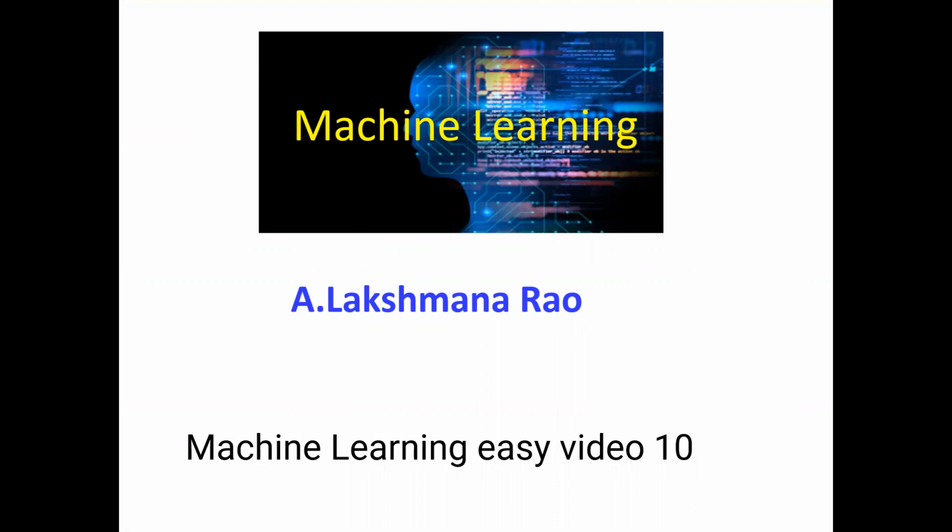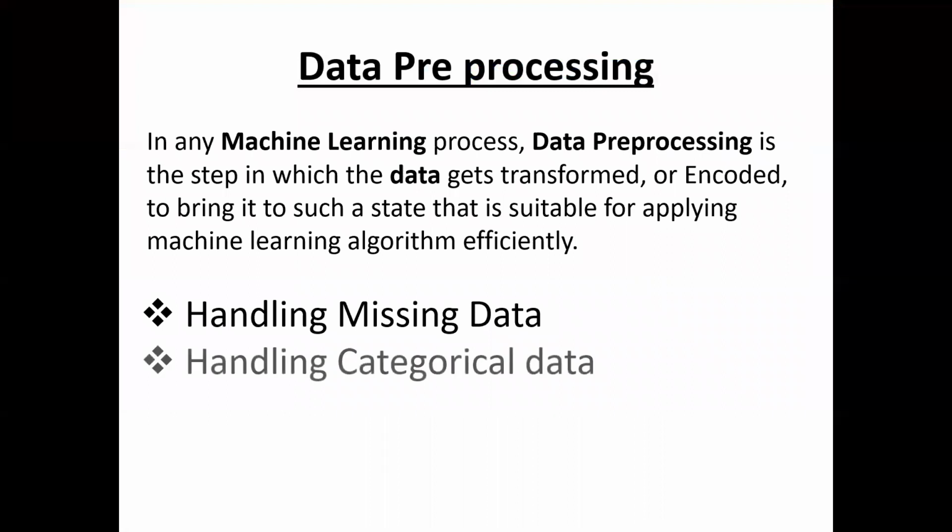So in the previous video, we finished handling categorical data. First we started with the machine learning introduction in the first video, and later we discussed different types of machine learning algorithms, and then we entered into data pre-processing.